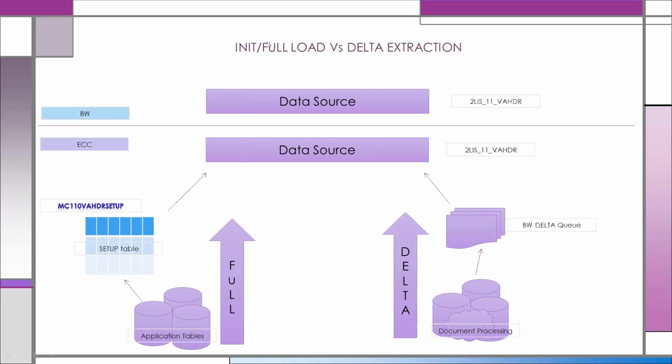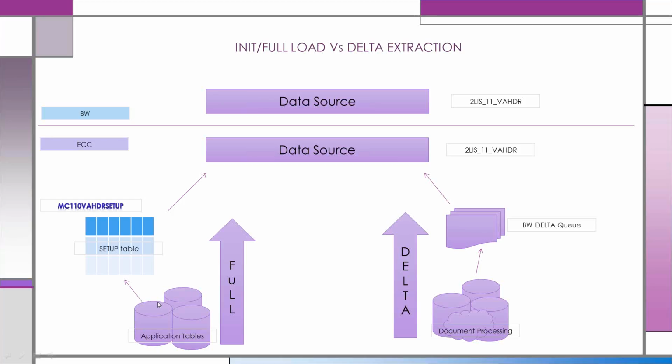So this is like initial or full load versus delta extraction. Whenever a document is posted in the ECC, the data is stored in the primary table, and from the primary table it goes to the application table or statistic table.